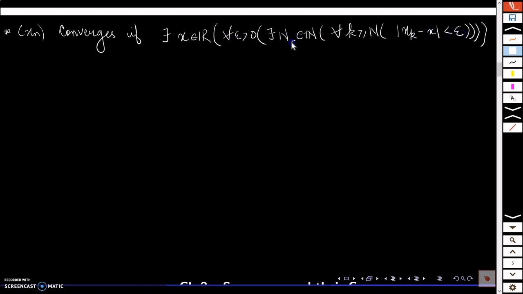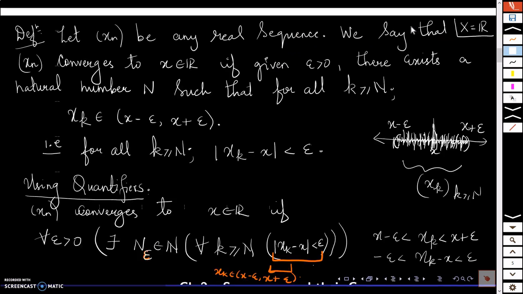And this natural number here depends on this epsilon that you are starting with. Okay, so I've already put it here, I can put it here also. And even in this definition, you can show the dependence of the natural number n on epsilon.